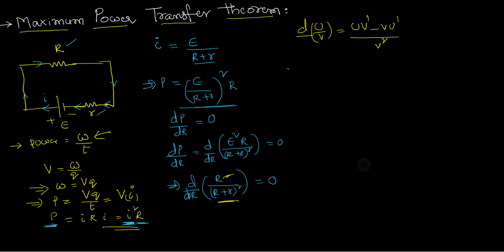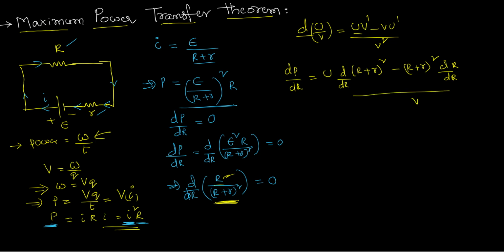So differentiation of P with respect to R will become: in the place of U, I will write U itself, differentiation of V, that is d by dR of capital R plus small r whole square, minus V, that is capital R plus small r whole square, and differentiation of U, that is differentiation of R, by V square, has to be equal to 0 as per this relation.